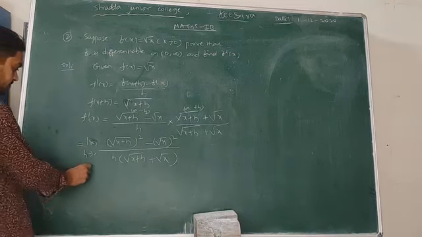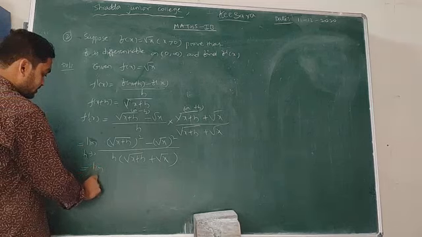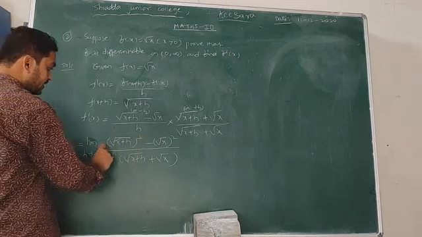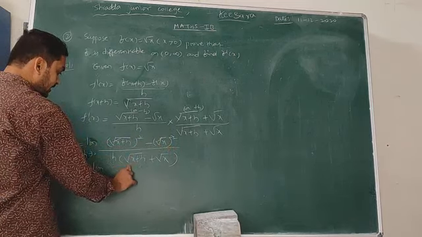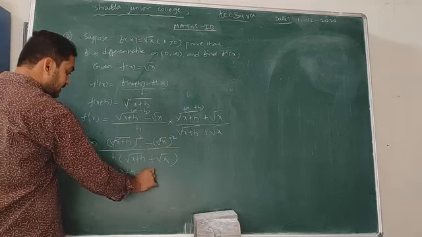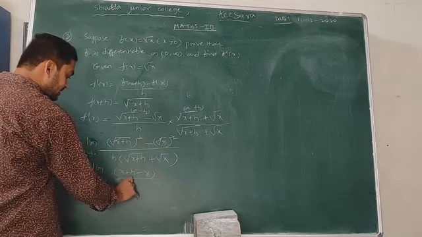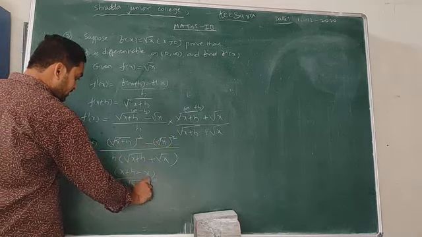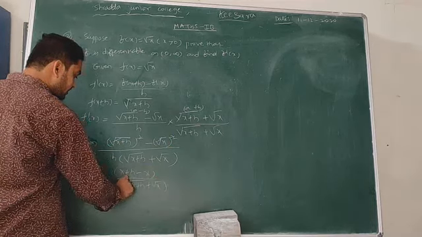Now see here, this equals limit h tends to 0, the square roots get cancelled: x plus h minus x by h into root of x plus h plus root x.